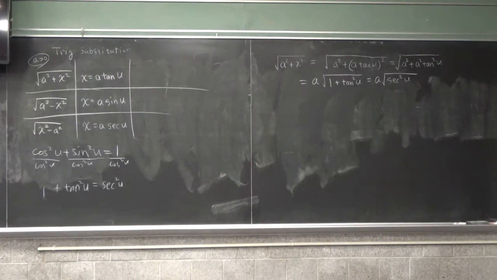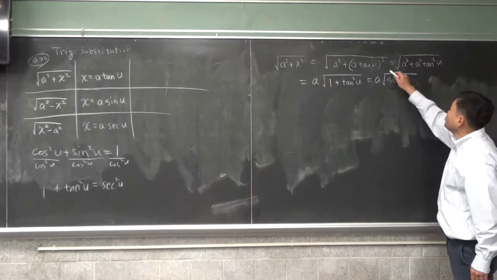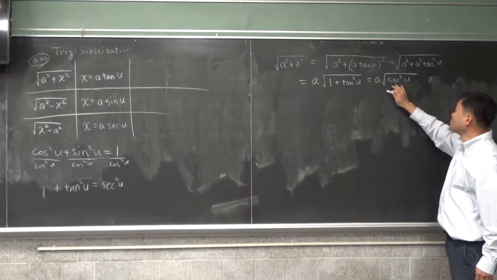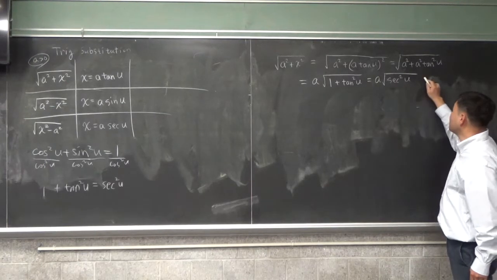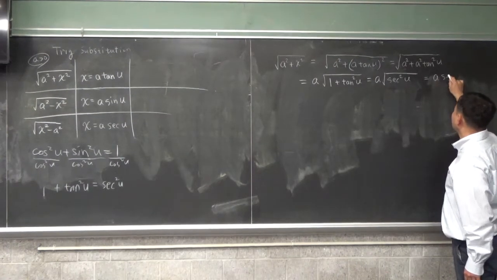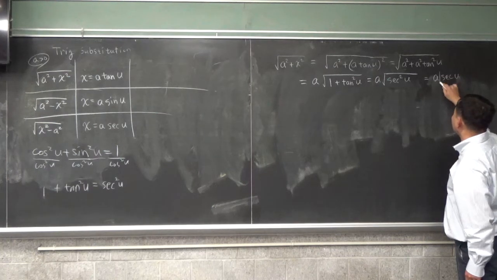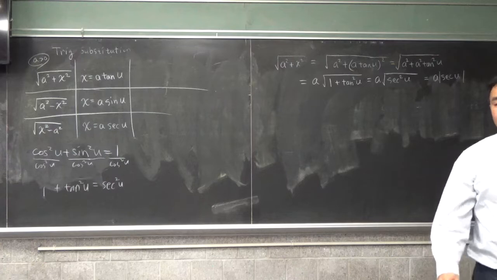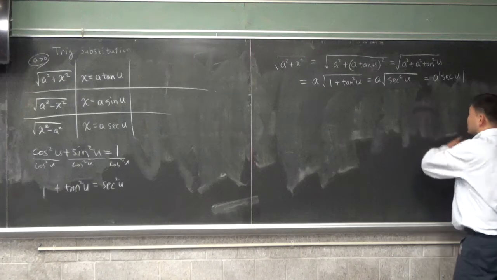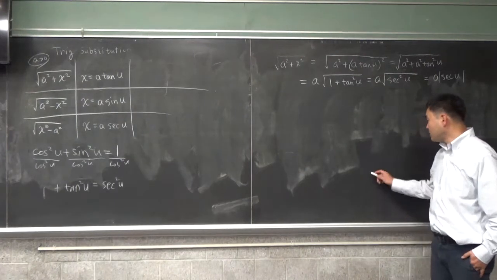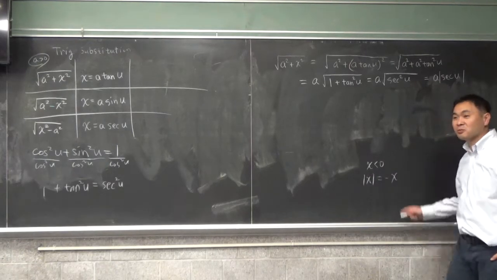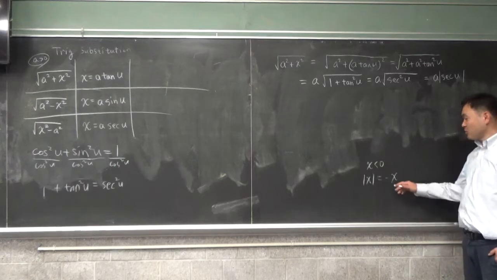Now here's a slight technicality. Square roots and squares kind of cancel, but it causes some trouble if the thing inside is negative. So you may end up getting a times secant of u, but if this is negative, you need to put an absolute value there. Did you know that if x is less than 0, then the absolute value of x is equal to negative x? That's pretty weird, right?